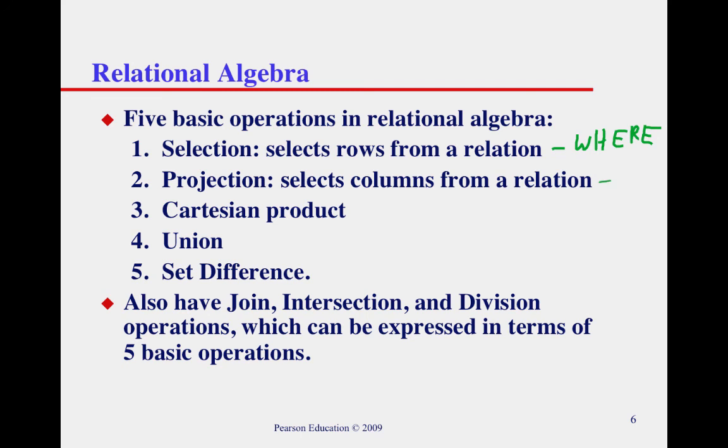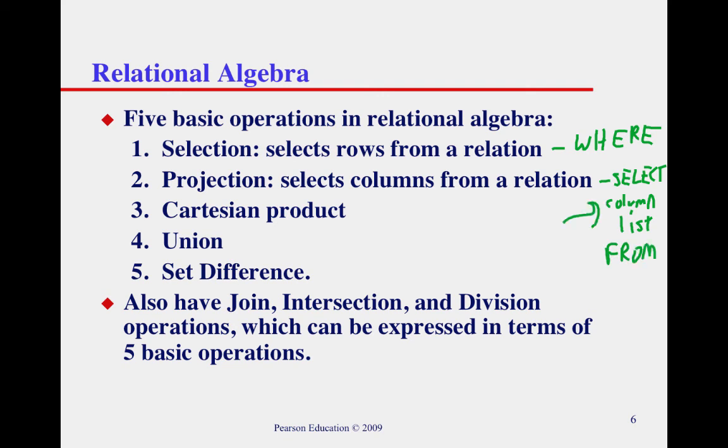Okay, projection is a vertical filtering of columns. It says these are the columns I want. It is the column list in your select statement. When you say select column list from, the projection part is right there where you give the column list.